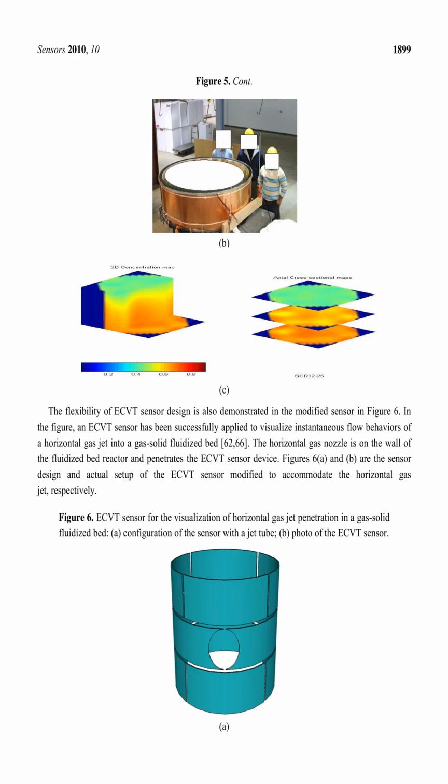Figures 6A and B are the sensor design and actual setup of the ECVT sensor modified to accommodate the horizontal jet, respectively. Figure 6. ECVT sensor for the visualization of horizontal gas jet penetration in a gas-solid fluidized bed. A. Configuration of the sensor with a jet tube. B. Photo of the ECVT sensor.